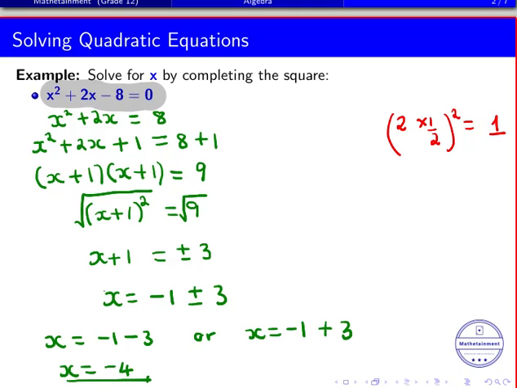This is one solution, or x is equal to positive 2. This is another solution. We all know how to confirm if our solutions are correct. Take these solutions and substitute them into the equation there, and you see if you get the sides that are balanced or the sides that are equal. Right, so that was one example.